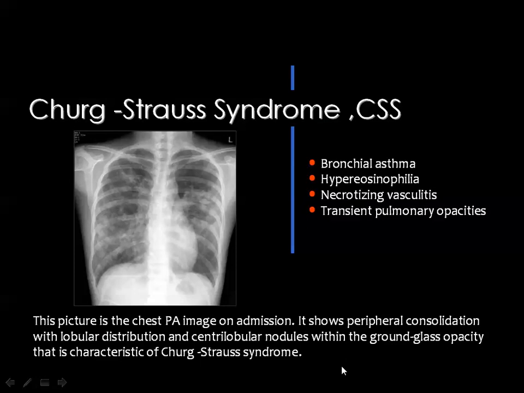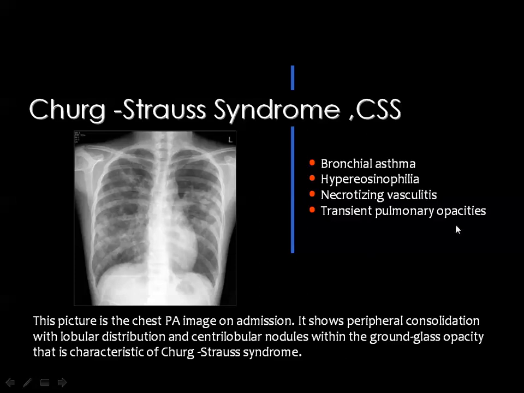Then we come to Churg-Strauss syndrome, which is one of the small vessel vasculitides, and here you can see multiple patchy areas simulating pneumonia scattered in both lung fields.